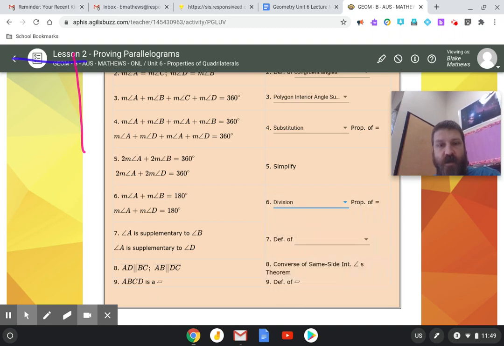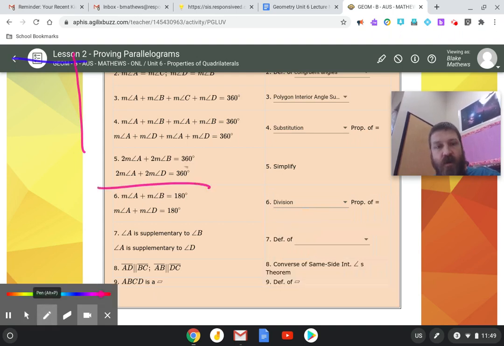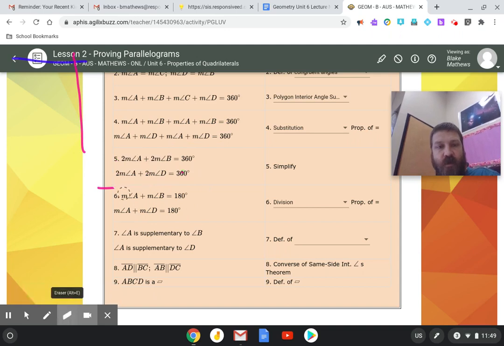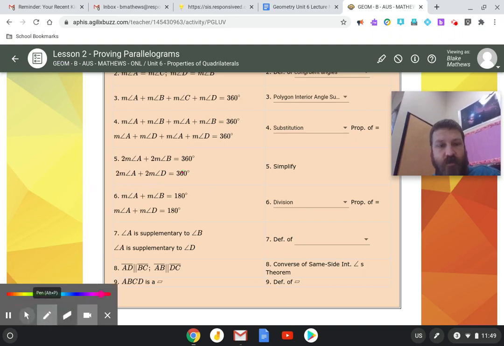Division property of equality says I can divide everything in that expression by 2. So the 2 goes away, the 2 goes away, the 2 goes away, the 2 goes away. This becomes 180. This becomes 180. That's what's happening there. Pretty straightforward. That's just algebra, really. Next.